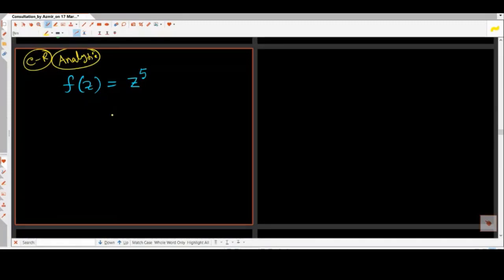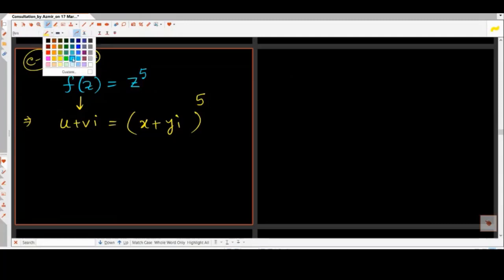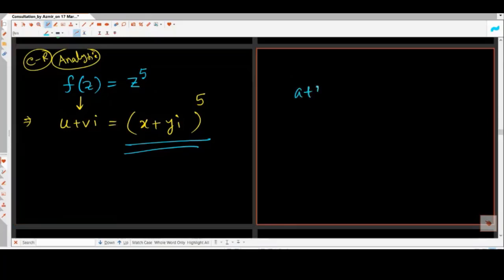So whatever we have done in previous problems, we know that f of z can be written as u plus vi. And on the right side, we have plugged z equals x plus yi. So this time we have z to the 5, so x plus yi power 5. So there is a difficulty here: we know what the a plus b squared formula is.